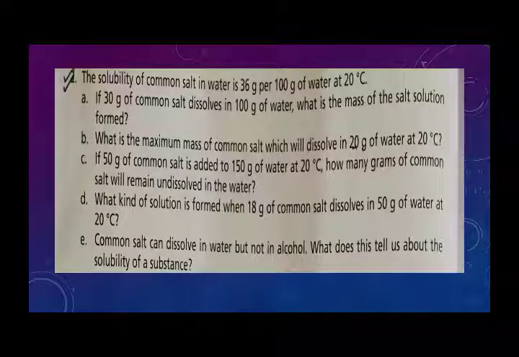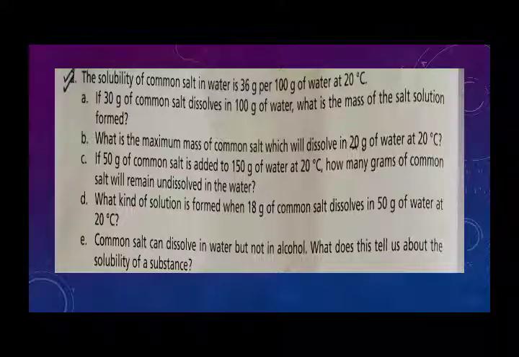They are asking, what is the maximum mass of common salt which will dissolve in 20 grams of water at 20 degrees Celsius? According to the above statement, as we all know, the solubility of common salt is 36 grams per 100 grams of water, right?